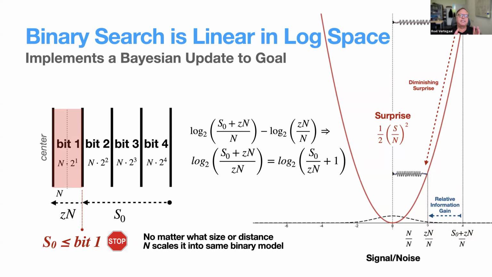So what's cool about this is that if I normalize everything to number of choices and I set the scale to n, now it really doesn't matter anymore. My surprise function is always going to be looking the same. So if I, for example, divide 80 pixels by 20 pixels, it's the same as 800 pixels over 200 pixels, or 8 choices over 2 choices. It's all the same thing. It's 4.